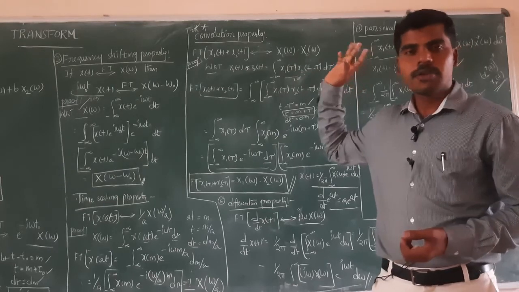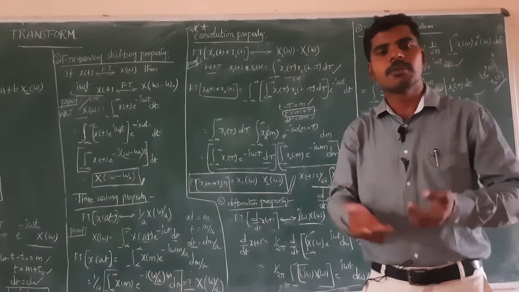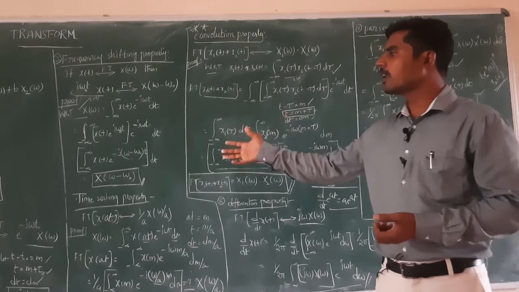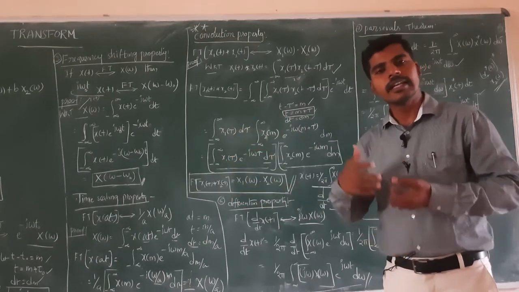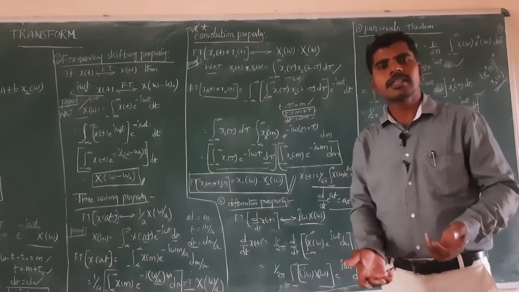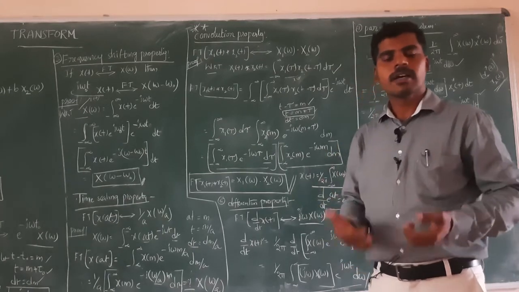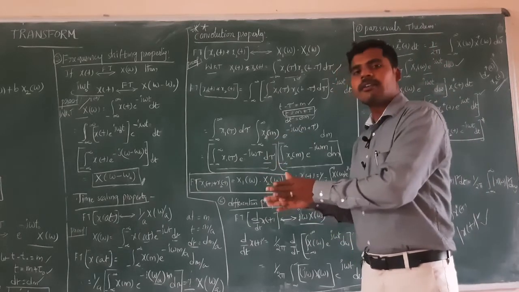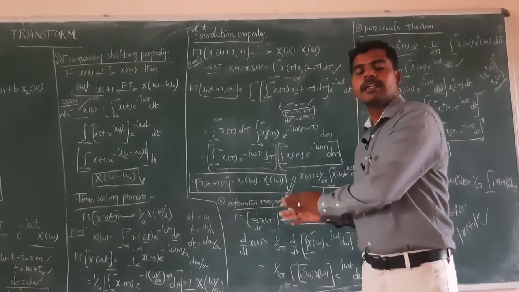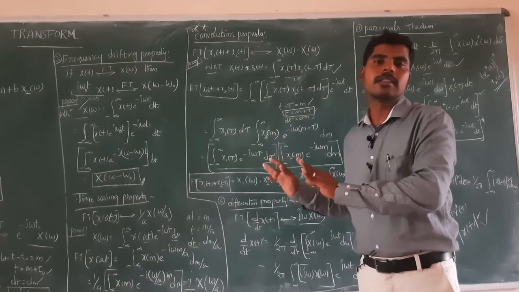Guys, if you have command of these properties, you can apply them to any chapter, maybe Fourier series, Laplace transform, Z transform, or DTFT. But if you don't have command of these properties, it is not possible to pass in signals and systems.